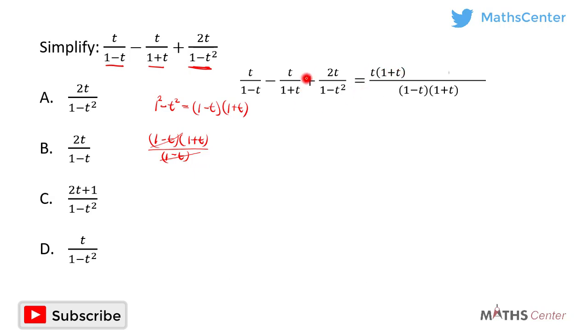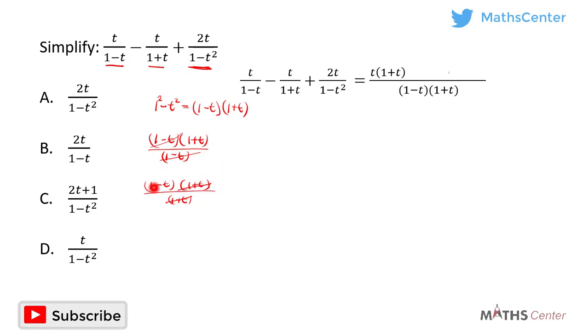Let's move on to the second one. For the second one, the denominator is 1 plus t. So we will divide the LCM, which is 1 minus t, 1 plus t, by the denominator of the second one, which is 1 plus t. And when we do that, you can see 1 plus t and 1 plus t cancel each other out.